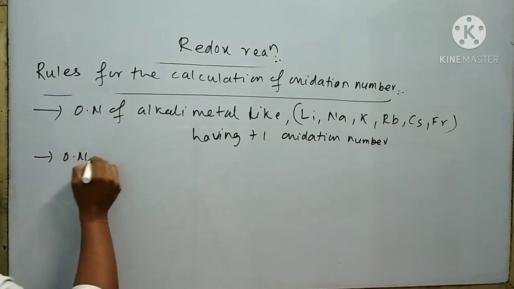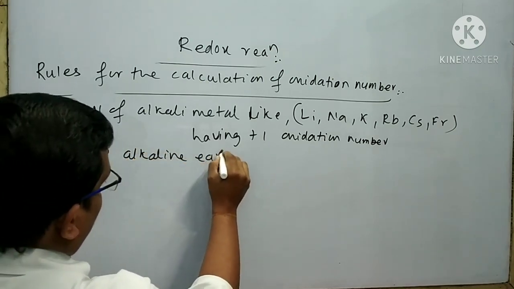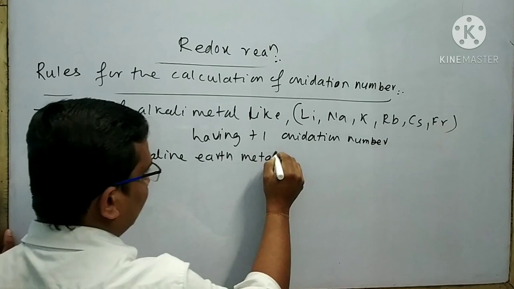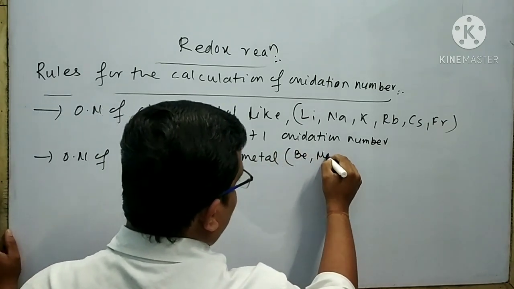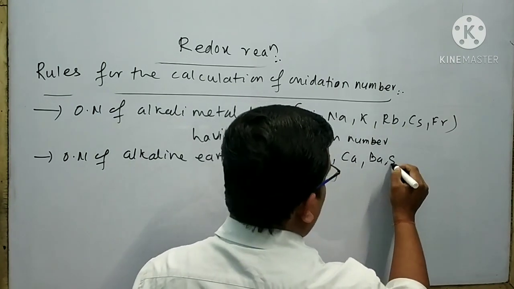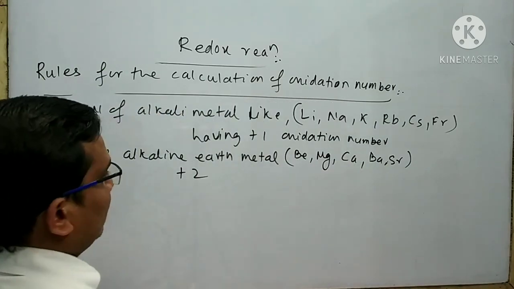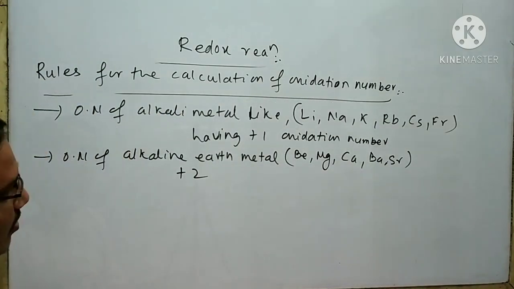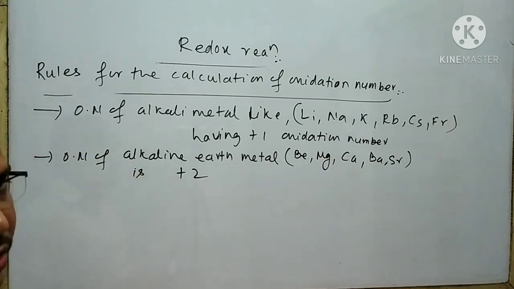The oxidation number of alkaline earth metals, that is beryllium, magnesium, calcium, barium, strontium, is +2. That means the oxidation number of alkaline earth metals is +2. On the other hand, the oxidation number of alkali metals is +1.